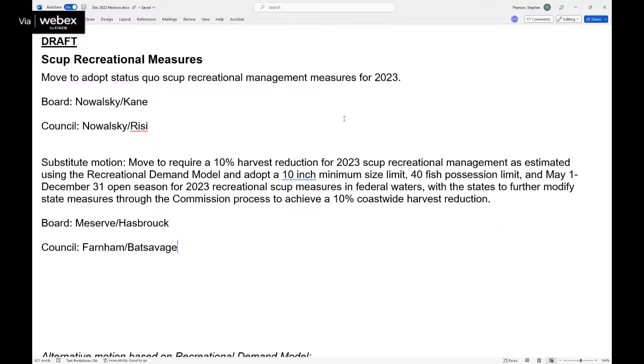Because when we have tried to change, let's say, the wave 1 and 2 fisheries in the past, we have always said that you need to do it 2 years in advance instead of the year before in order to make that happen. So I would come back and ask that same question I asked before: if we did need to tweak the federal water measures some through the commission process, would you be able to accommodate that through the rulemaking process?